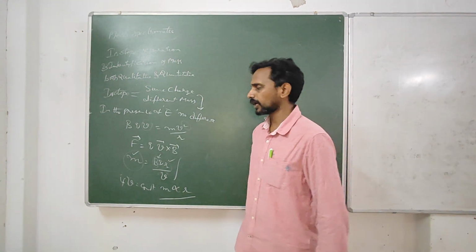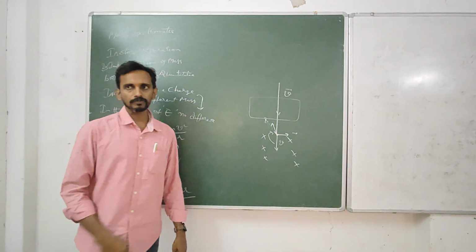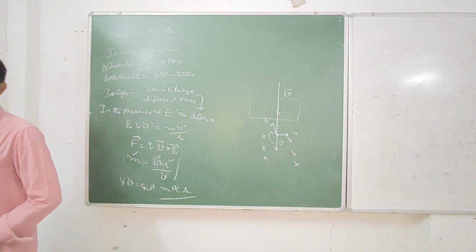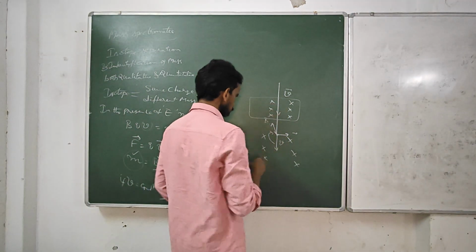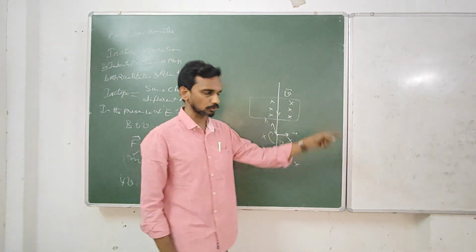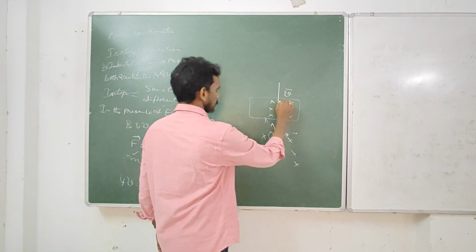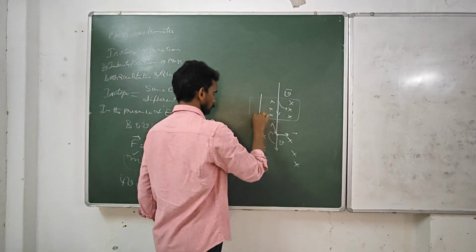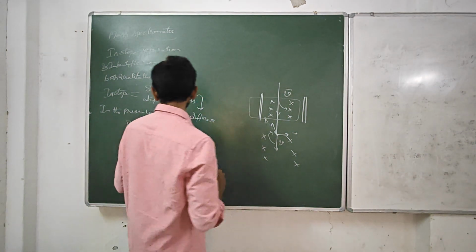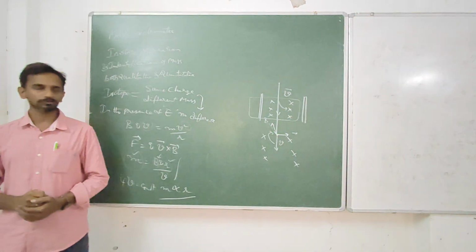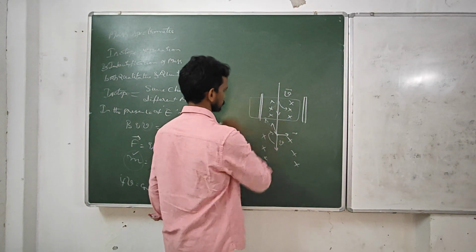Right? So now we have to make an additional arrangement to fix the velocity of the particles. For that I am using again a perpendicular magnetic field. So the particle will experience a force towards the right. So in the presence of the magnetic field, the particle goes in this direction, and if I apply an electric field, I am assuming Q is positive. So for a positive charge, I have to push the particle towards the left.